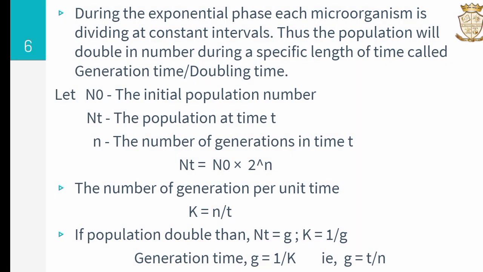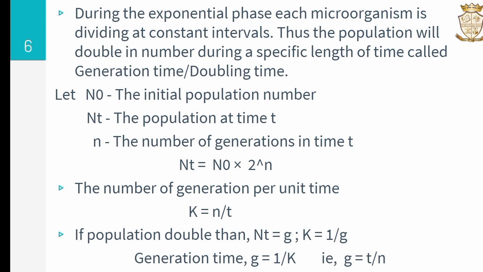During the exponential phase, each microorganism is dividing at constant intervals, thus the population will double in number during a specific length of time called generation time or doubling time. Let N0 be the initial population number, Nt the population at time t, and n the number of generations in time t.